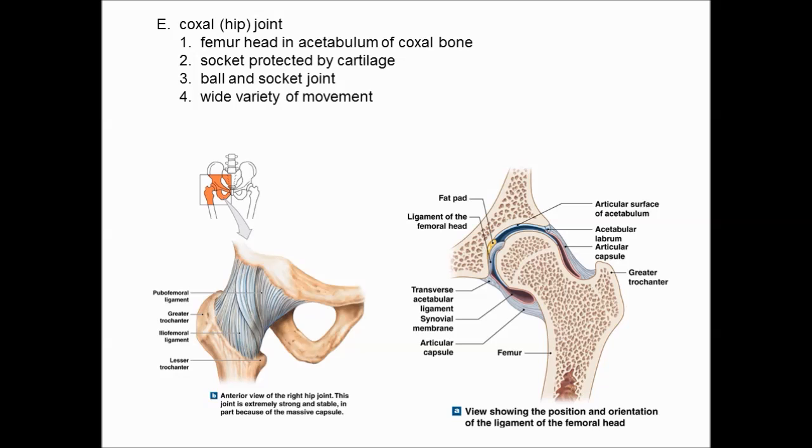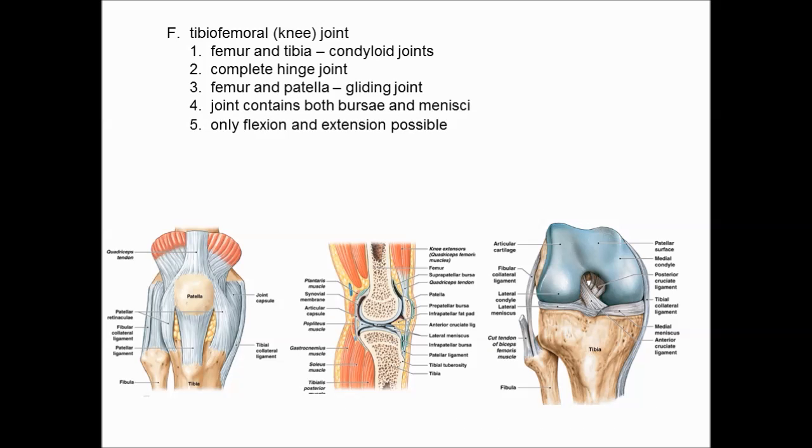And the knee joint, another hinge joint, but it involves two condyles, represented as medial and lateral condyles of the femur, and then the proximal tibia articulates with the femur.